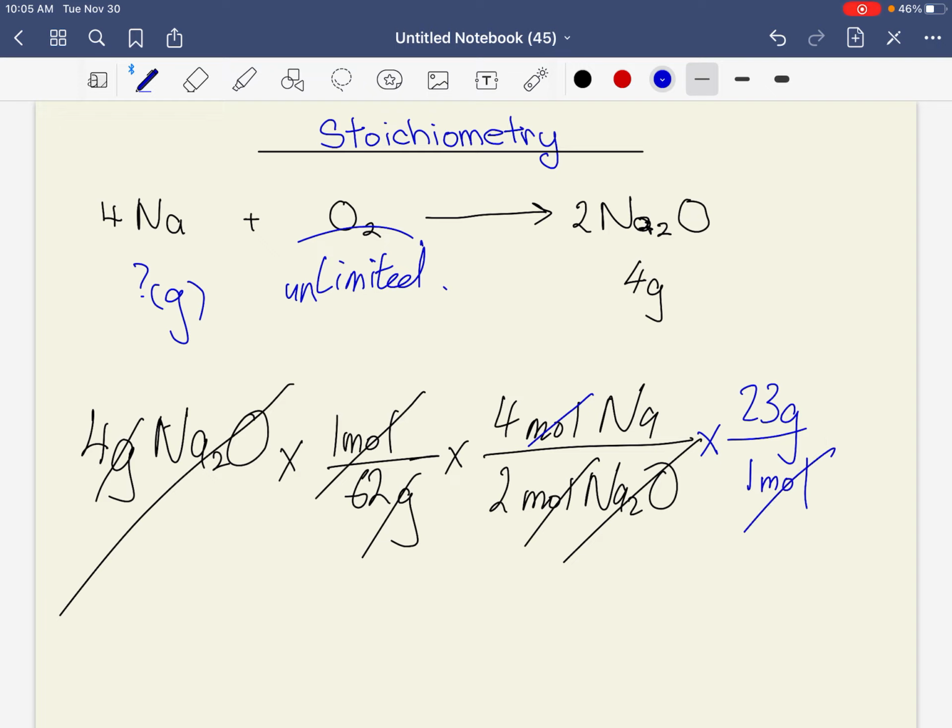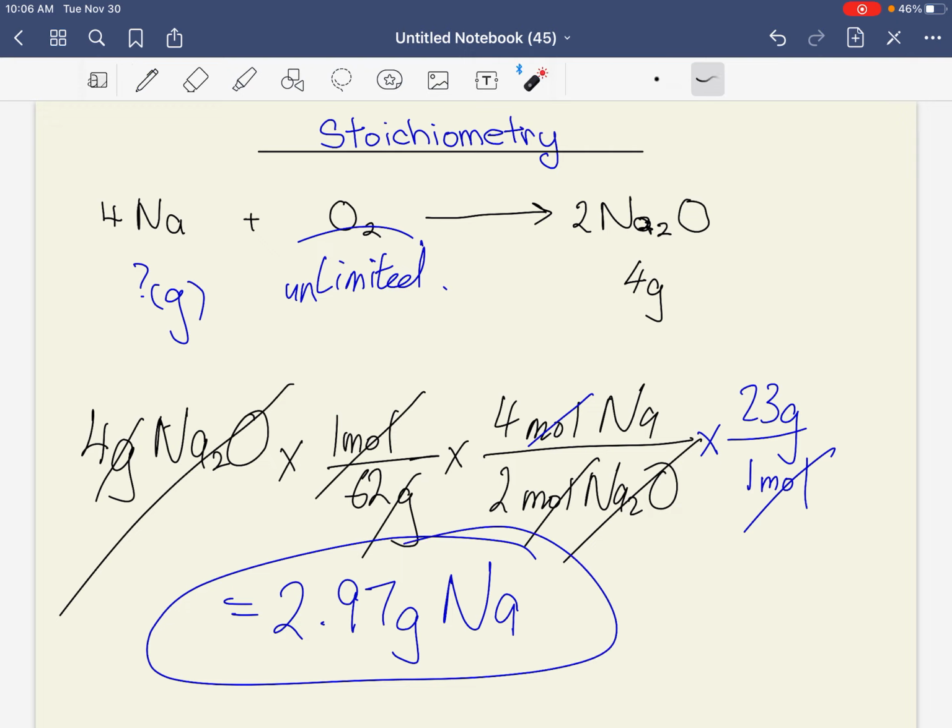So moles and moles cancel. By doing the math, 4 divided by 62 times 2 times 23 is 2.97 grams of Na.